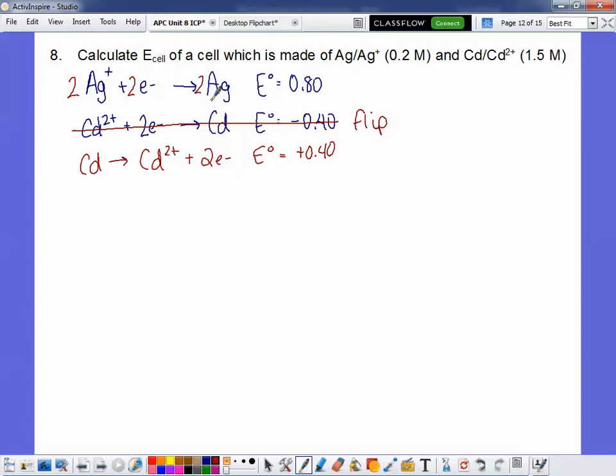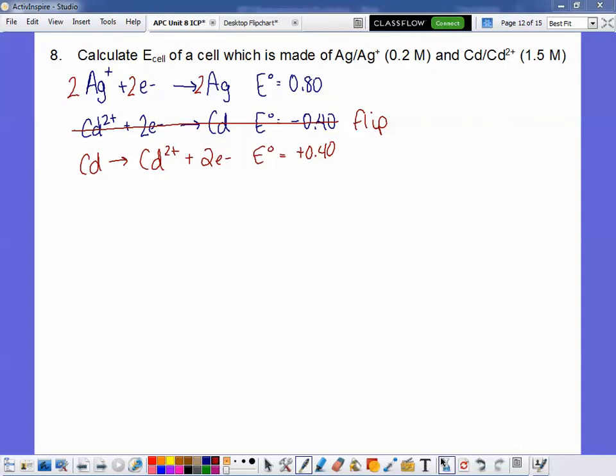Nothing. That was a trick question. This is the one case where when you multiply the coefficients, it doesn't do anything to the constant. Okay? So go ahead and find E of the cell and then use the concentrations, use the Nernst equation and all that stuff. Practice what we just did with number 7.